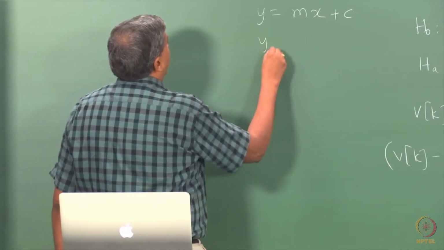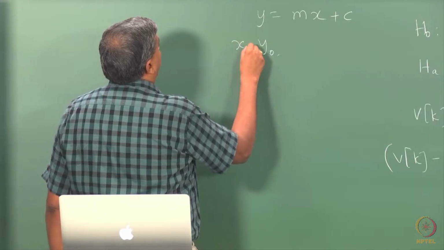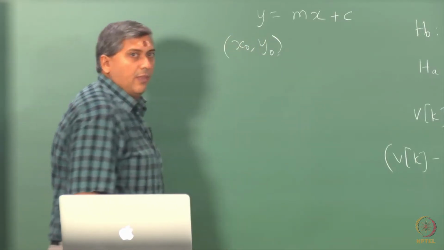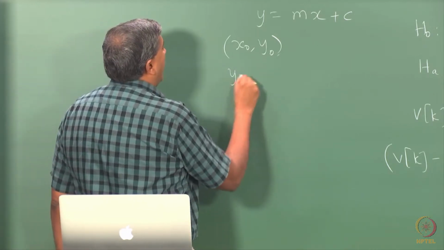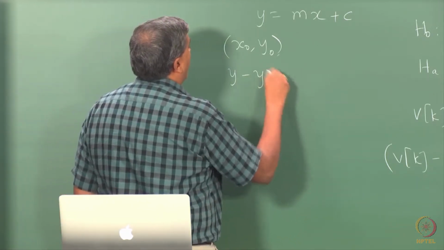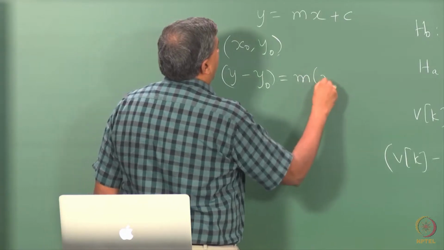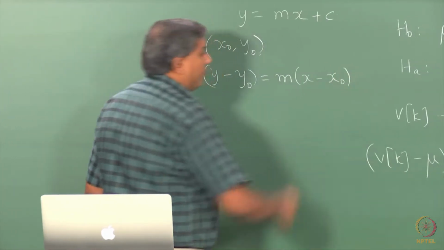So, if I have a reference point x naught y naught in the 2 dimensional space of x and y, then I could rewrite this model as y minus y naught equals m times x minus x naught.